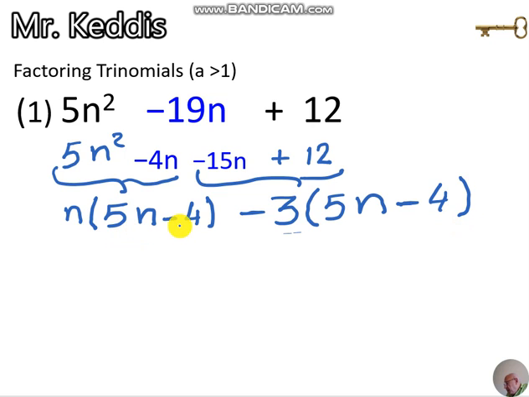They have 5n minus 4 as a common factor. I take 5n minus 4 as a common factor. When you multiply 5n minus 4 times n, I get the first term.